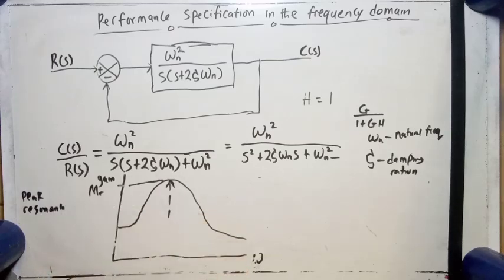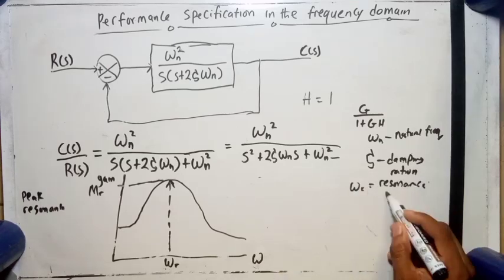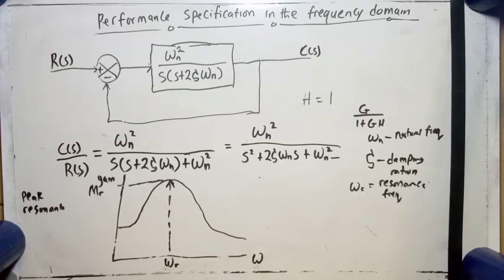That's for Mr. Now its corresponding frequency, we call the resonance frequency. So we have gotten two parameters, our peak resonance and our resonance frequency.